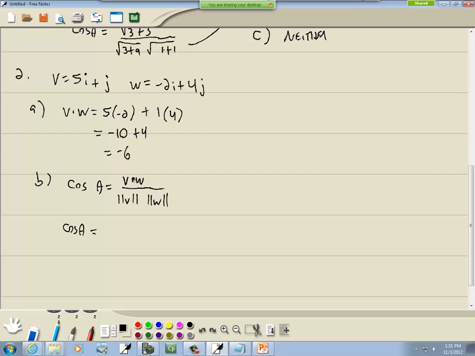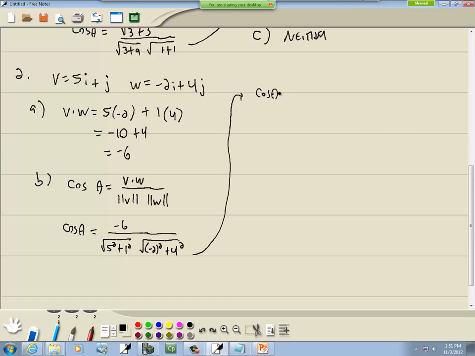Well, the dot product of v and w we found in part A. That's negative 6. And this will be the square root of 5 squared plus 1 squared. We take a look at v, and I square the 5, and I square the number for j, which is 1. Now the magnitude of w. We take the negative 2, the number before i, and square it. So negative 2 squared, and then the 4 squared, the number in front of our j.